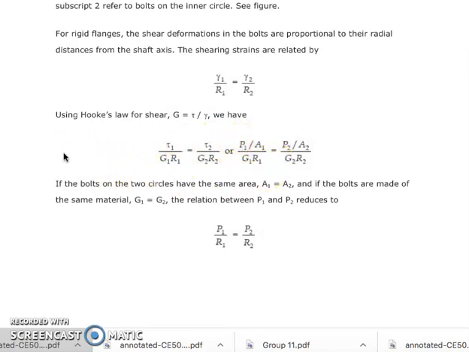However, if the bolts on the two circles have the same area, meaning area 1 is equal to area 2, and if the bolts are made of the same material, wherein G1 is equal to G2, the relation between P1 and P2 can be reduced into this equation. So this expression was reduced since we have the same area and the same material, so G1 equals G2 and A1 is equal to A2. We can have now this mathematical expression, the relationship between the force and the radial distances for our outer circle and the inner circle.